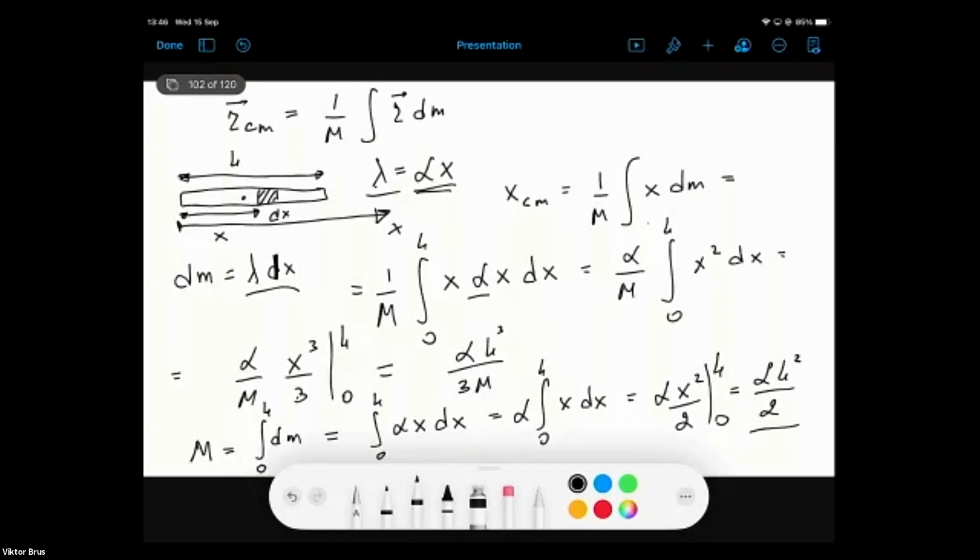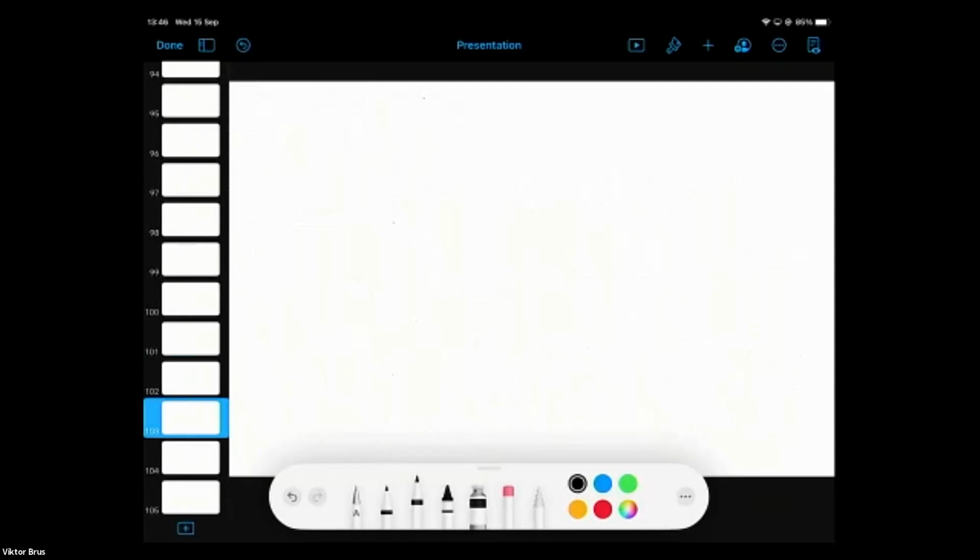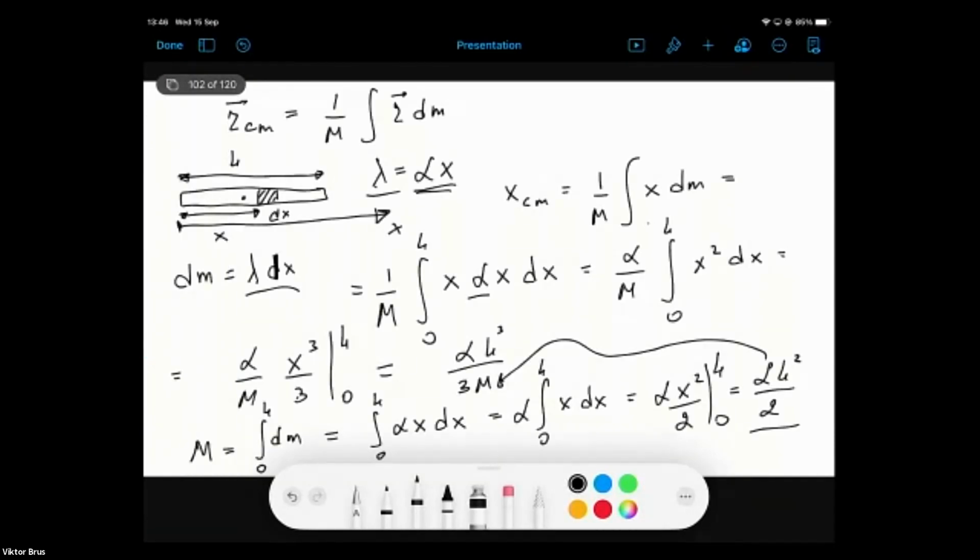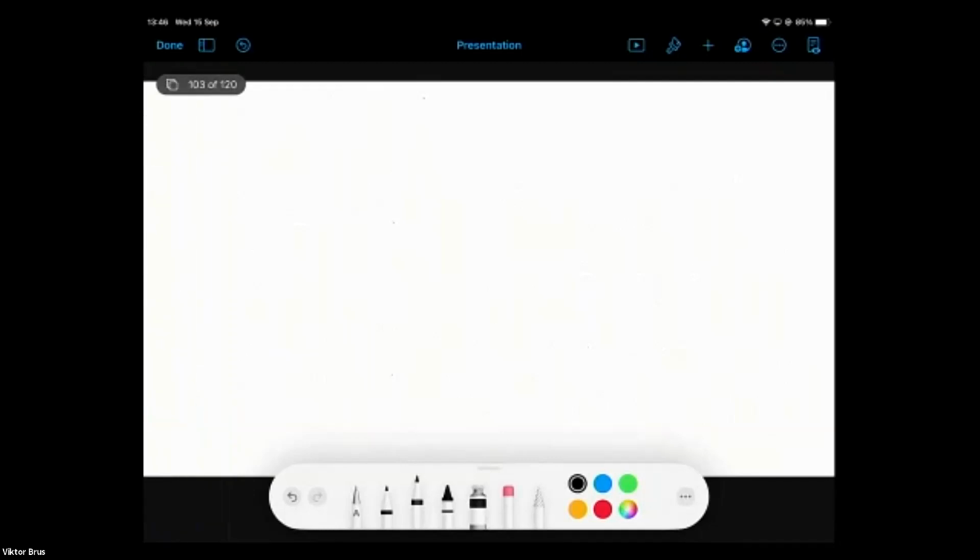Now we need to substitute this total mass here in this equation for the coordinate of the position of the center of mass. So let us do it on the next slide. So what we have, x cm is equal to alpha L cubed divided by 3m, and instead of m now we substitute the expression of m.